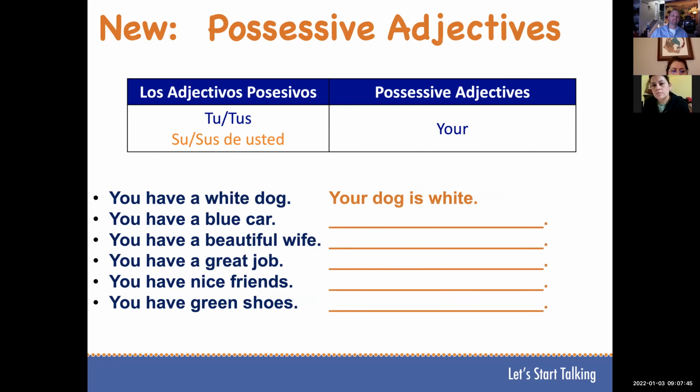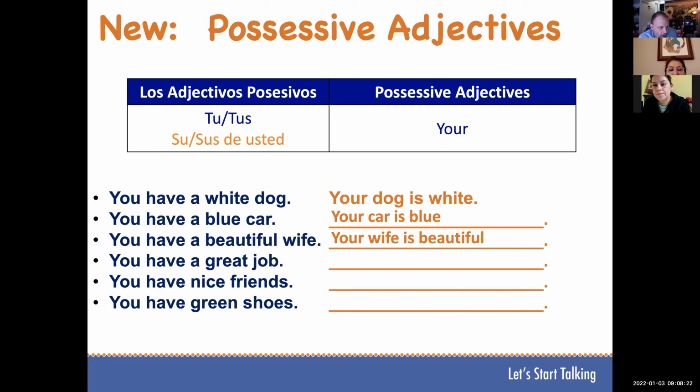All right, let's follow these examples here. Caro. You have a white dog. Your dog is white. Claudia. You have a blue car. Your car is blue. You have a beautiful wife. Your wife is beautiful. Your. Tiene que pronunciar bien la R, porque si no está diciendo la palabra tú como sujeto.